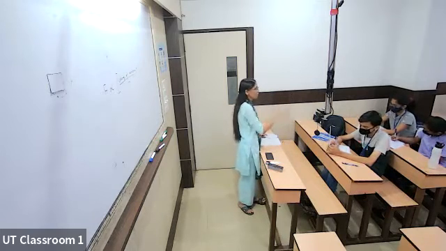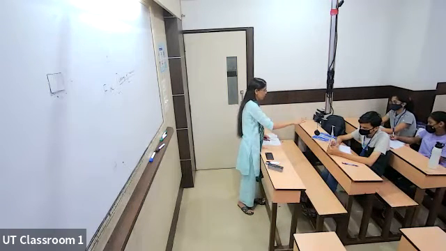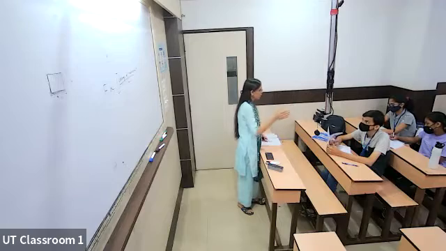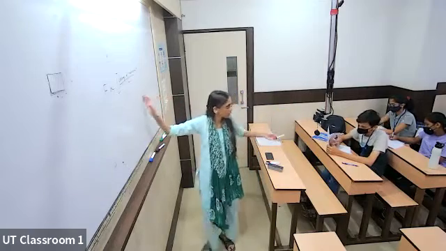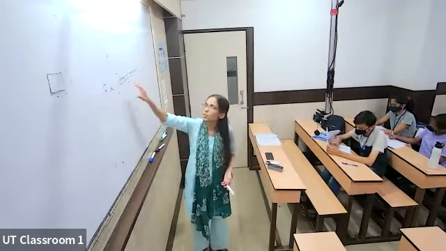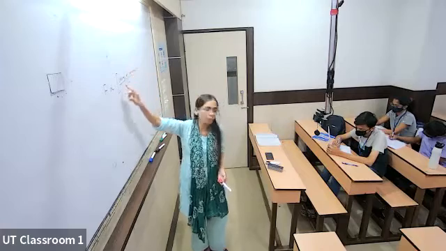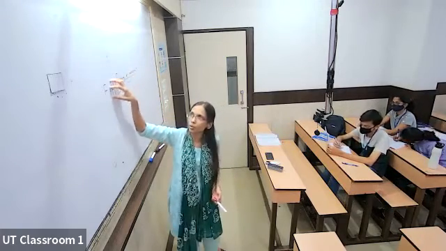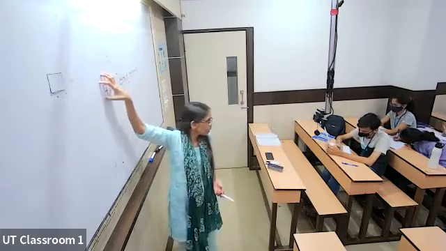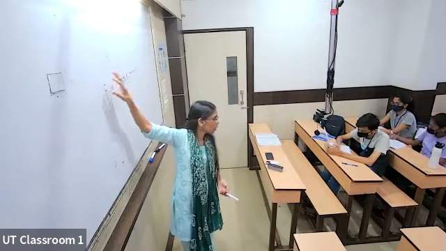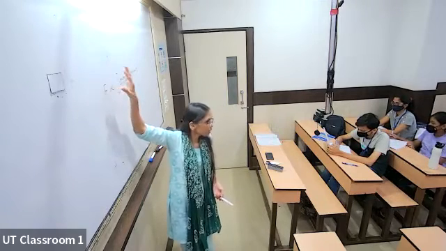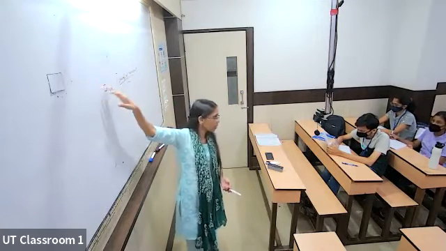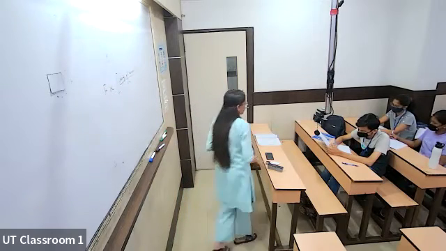Are you getting how we are reframing this in English? So the rate of change of momentum of an object is directly proportional to the force applied, and this force is the external unbalanced force applied on the object.